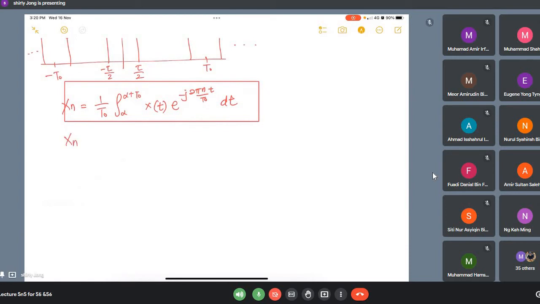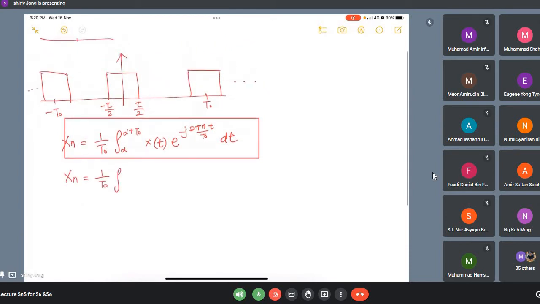So Xn equal to 1 over T naught. Let's say if you look here, the one cycle is from where to where? Is from here to here, right, class?